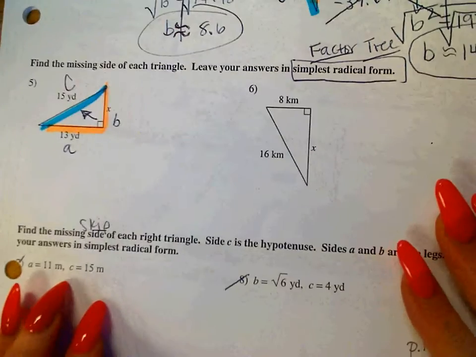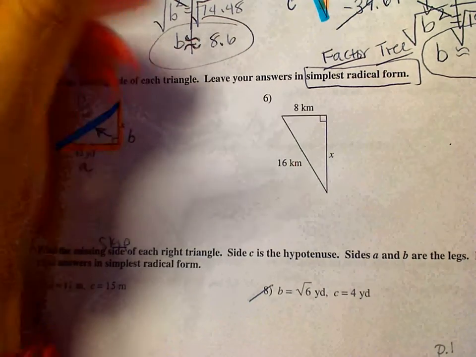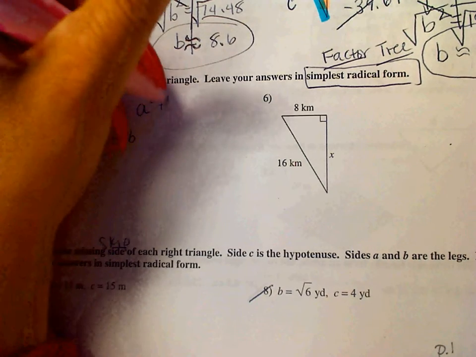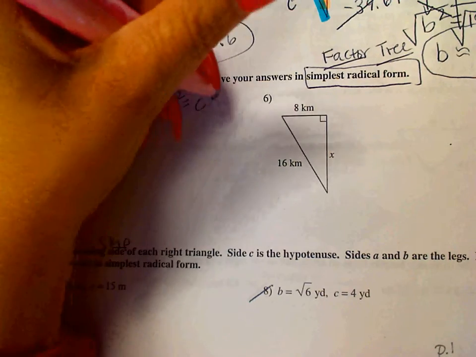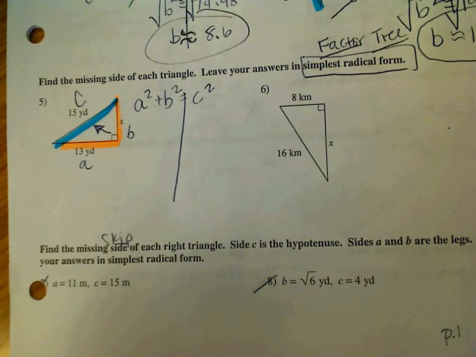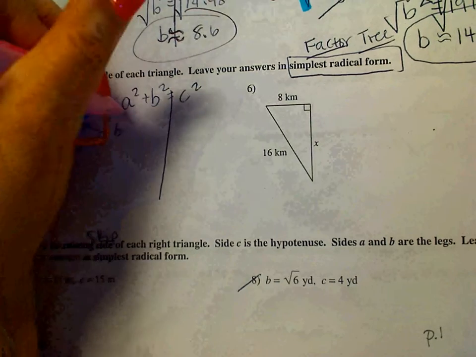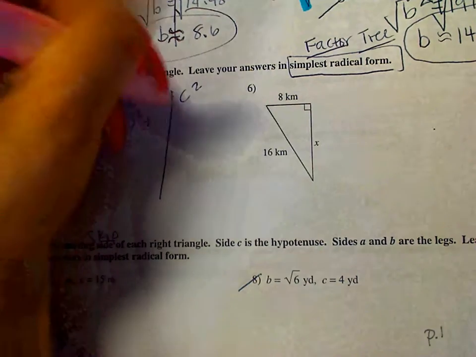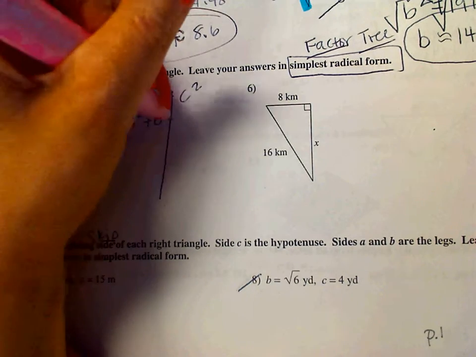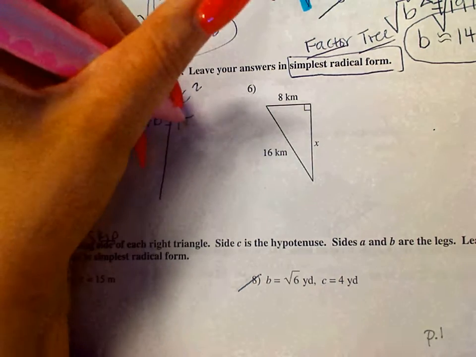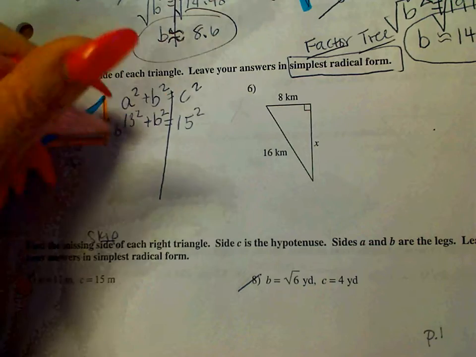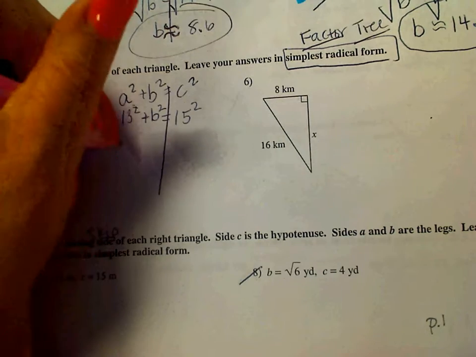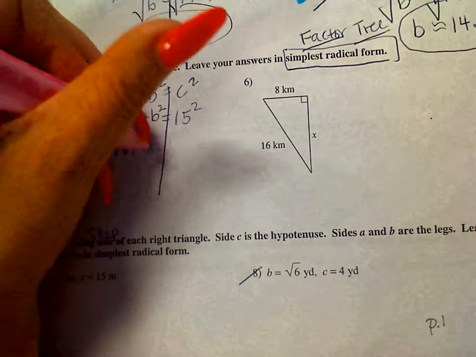Okay. Write your theorem and then plug it in. 13 squared plus B squared equals 15 squared. So we get 13 squared is 169, plus B squared equals 225.